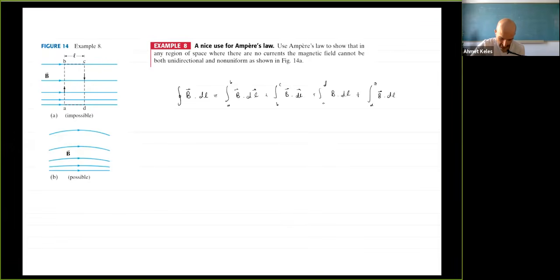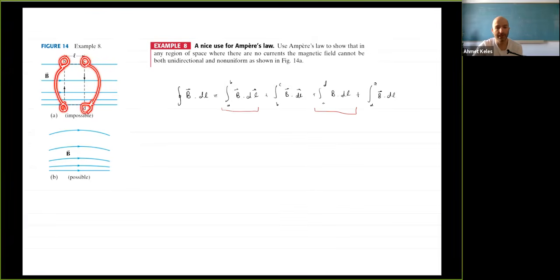So maybe I can ask you, what is the relationship between A to B and A to D? Or what is B dot dl from A to B and B to A to B, like from here to here and from here to here.